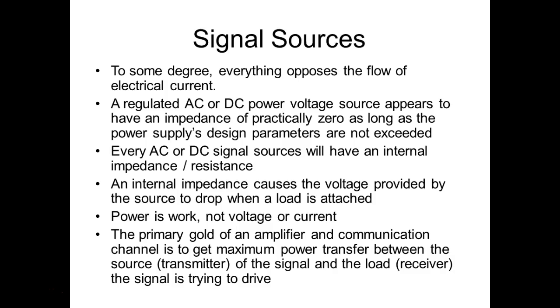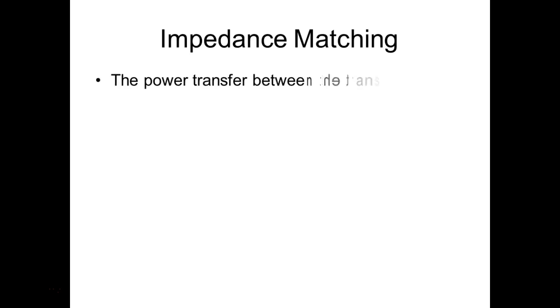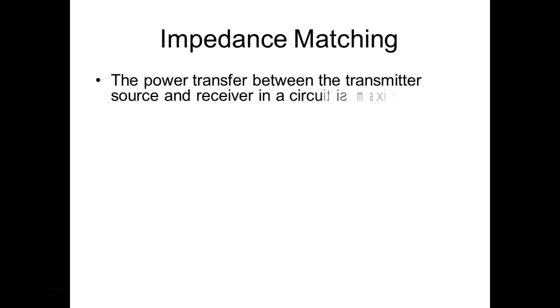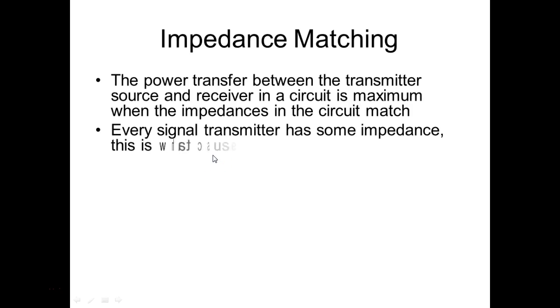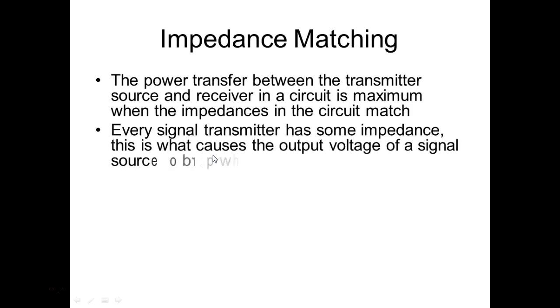The primary goal of an amplifier and a communication channel is to get the maximum power transfer between the source and the load, right? You understand that? Power transfer between the transmitter and the receiver in a circuit is maximum when the impedance in the circuit's matched. Every signal source has some impedance that will cause the output of the source to drop when it's connected to a load.